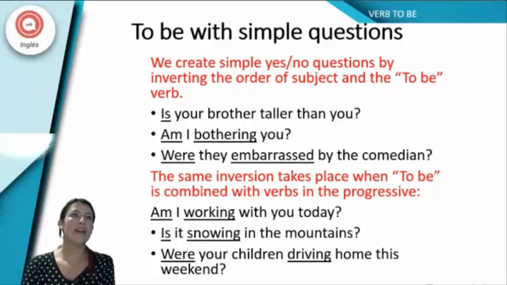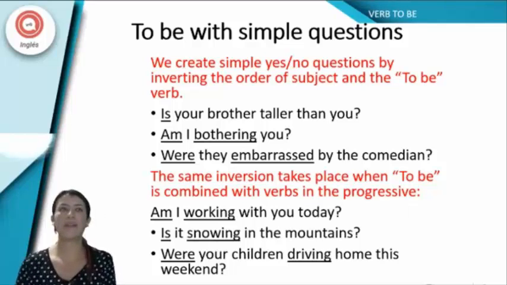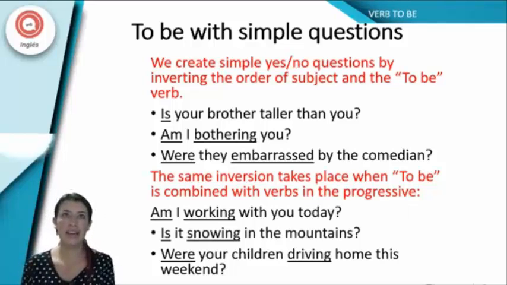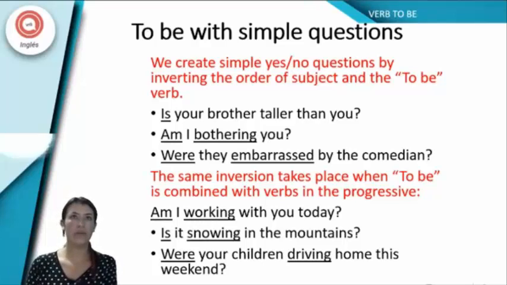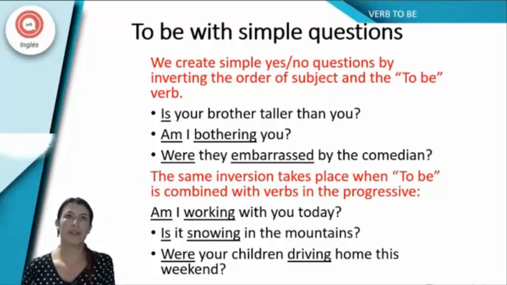Then we have the same inversion that takes place when verb to be is combined with verbs in progressive. So remember, the progressive is the one where we use -ing, okay? Or the present continuous. As you know, in school, most of the time you watch the progressive time as the present continuous.